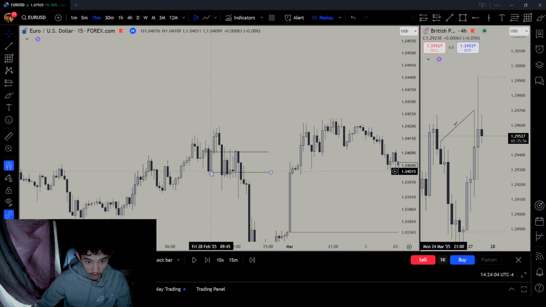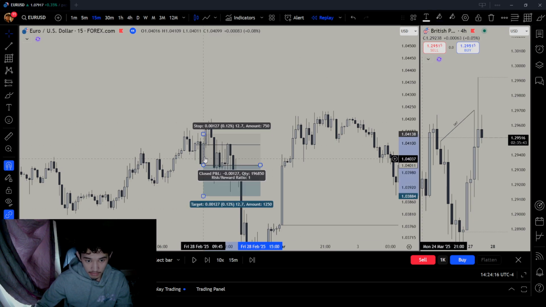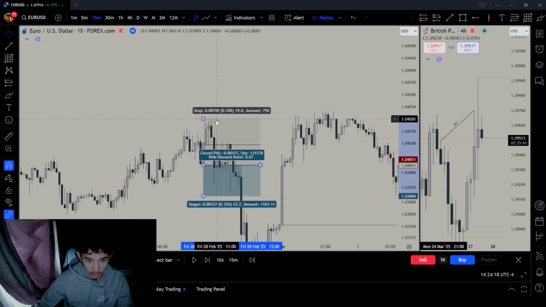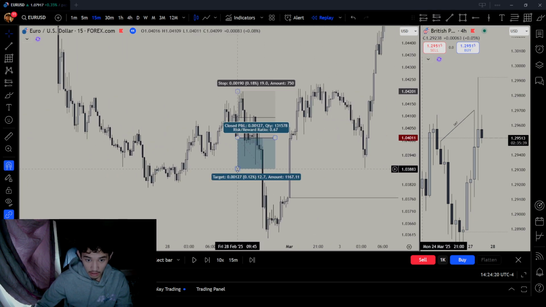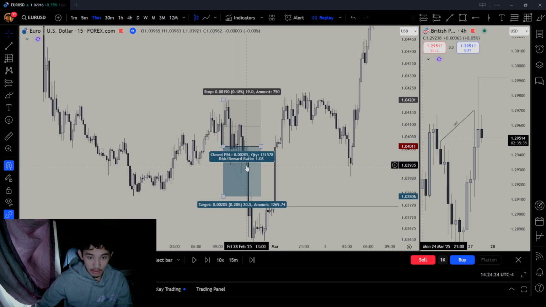So now this is really high to the extreme probability, but low RR, right? The RR is like 1 RR. Low RR, but really high probability.